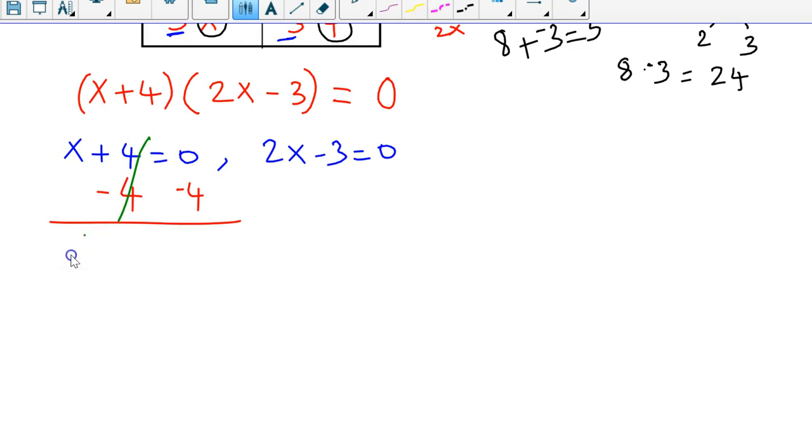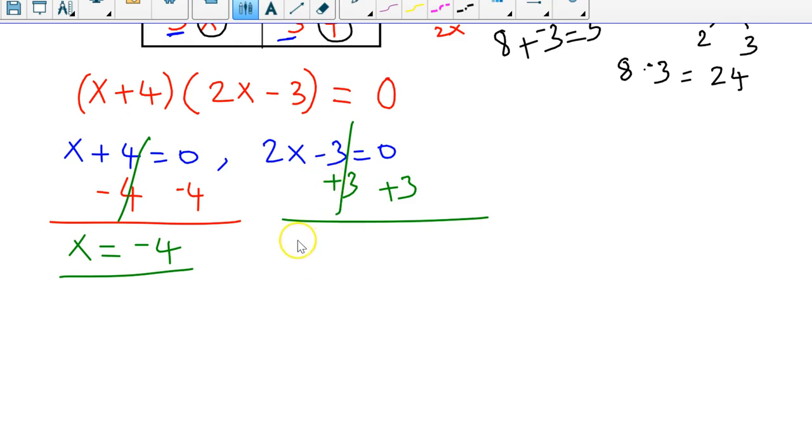See, I cancelled out. Here you got x is equal to -4, and over here I'll add 3 on both sides. Adding 3 on both sides, this 3 and 3 got cancelled, so you're left with 2x is equal to 0 plus 3 is 3. And what is the next step?